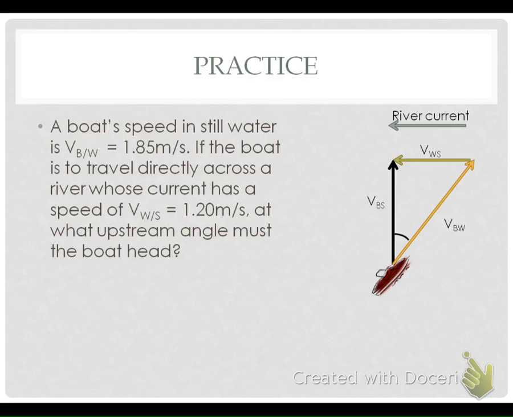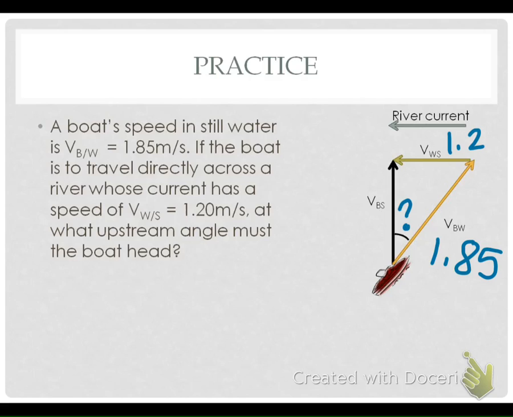Okay, so here it gives us two sides of our triangle. It gives us the velocity of the boat in the water, which is 1.85. It gives us the velocity of the current, or water, with respect to the shore as 1.2, and it wants to know this angle. It's time to do some inverse trig, right? What sides of the triangle do we have?